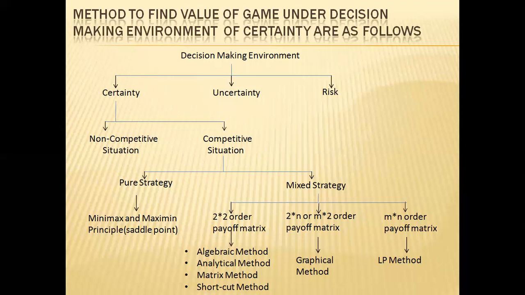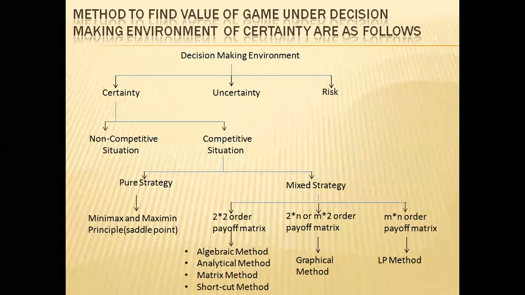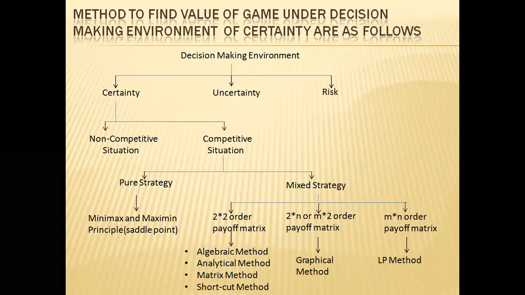For example, if the order increases, that is, n number of constraints and m number of constraints exist for player X strategy and player Y strategy, with n constraints given for player X and m constraints given for player Y of this payoff matrix, we'll utilize the graphical method for solving the problems.